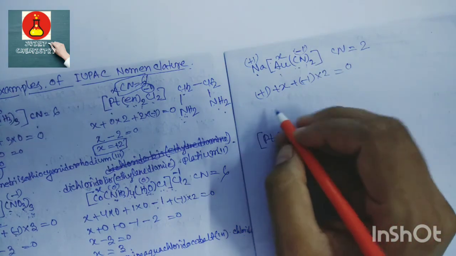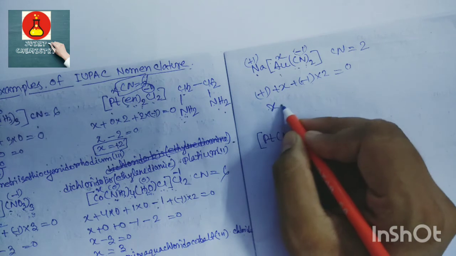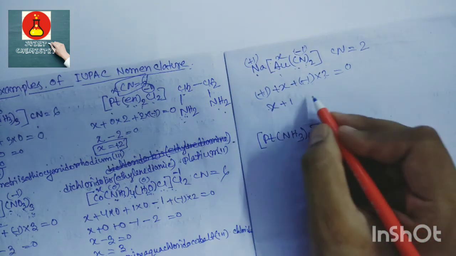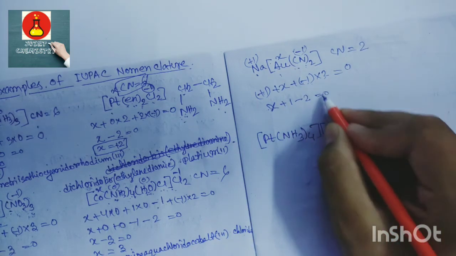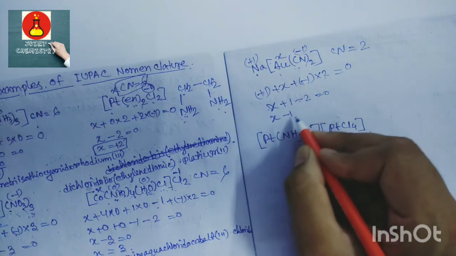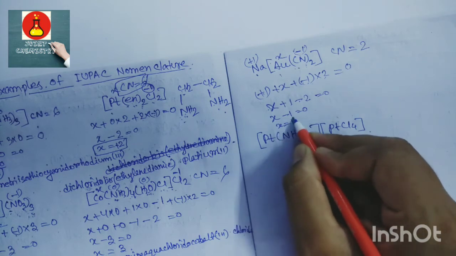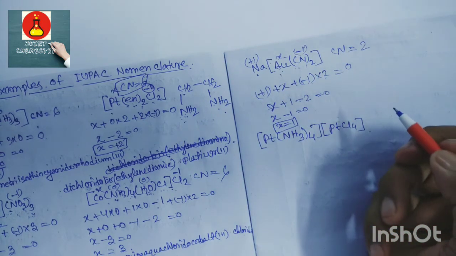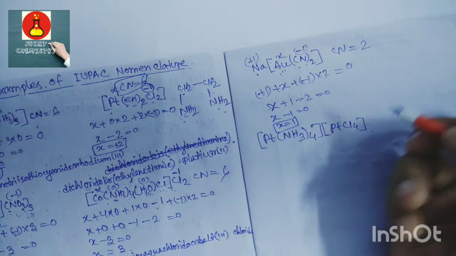So H plus 1 minus 2 is equal to 0. So H minus 1 is equal to 0. So H is equal to 1. So the charge of this metal is 1.